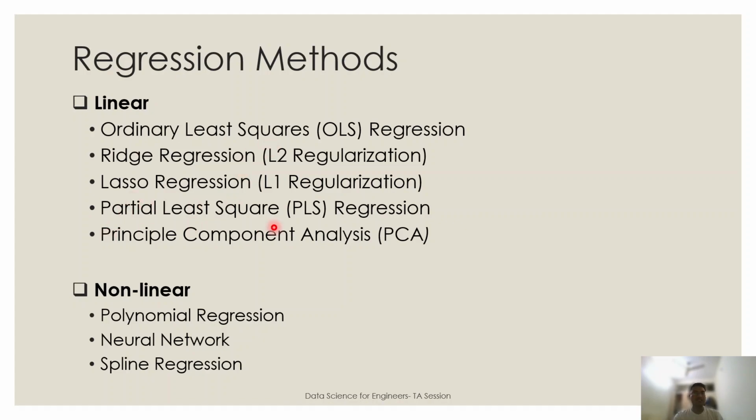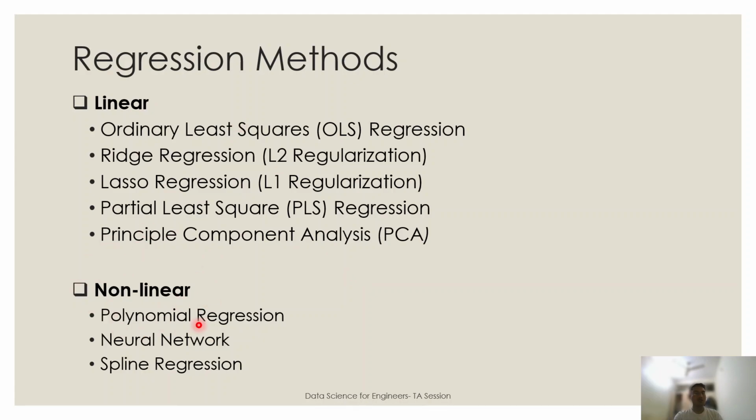And partial least squares means if you are not finding any kind of relationship between independent and dependent features, then we go to another space, a principal component space. In that space, it's a linear combination of all features. It's a conversion from your real space into another imaginary space, and in that imaginary space we are building the model. Such a model also has its own benefits. So all those are the linear models.